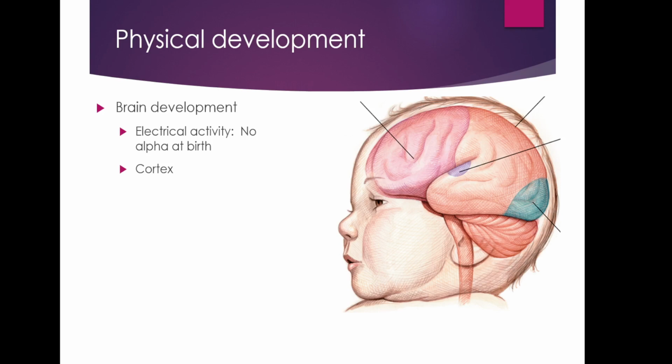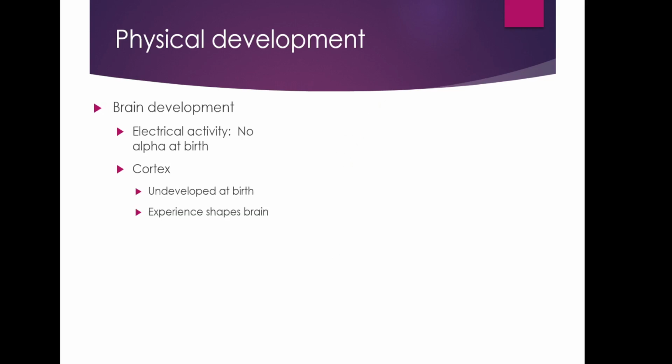But for right now, from birth, this little baby brain is developing a bunch of neurons every day, building up that cerebral cortex. So it's very undeveloped at birth, but it's really important to know that the experiences the infant has will help to shape which neurons will be preserved in this big burst of neurons that are growing.